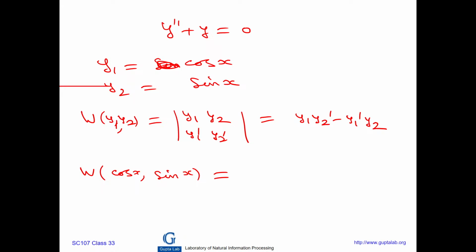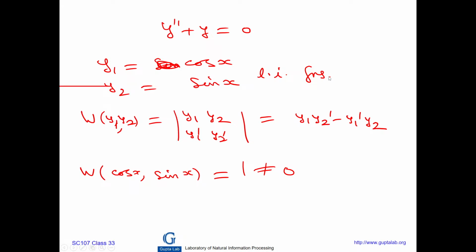It is 1, so non-zero. So these two functions are linearly independent, and that is the reason any general solution of the homogeneous differential equation is a linear combination of these two functions.